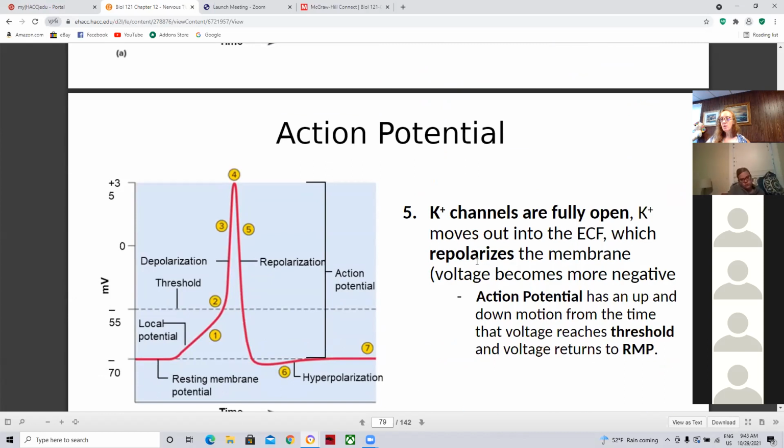At this point, remember we had potassium channels that were slowly opening initially. Well, they're now fully open. And potassium moves out into the extracellular fluid, which is going to repolarize the membrane.